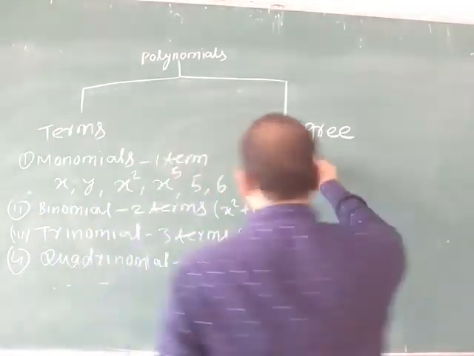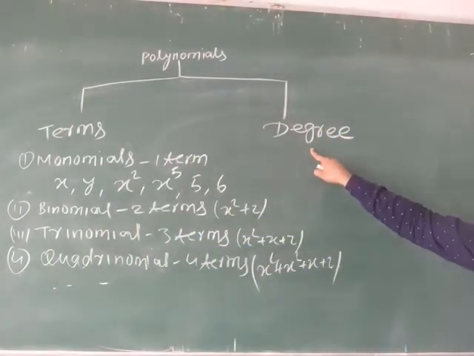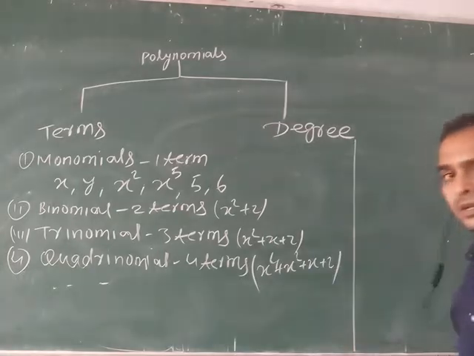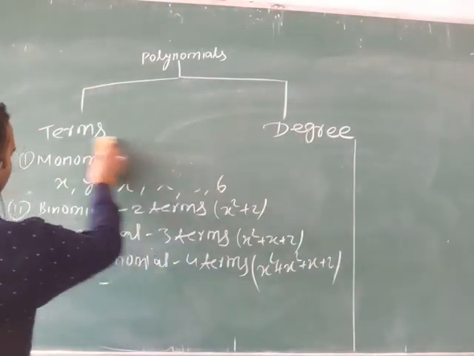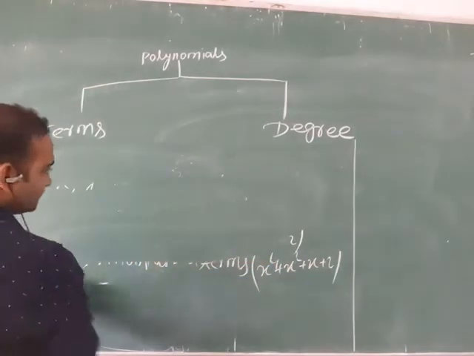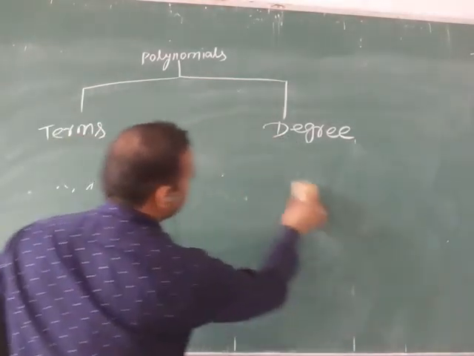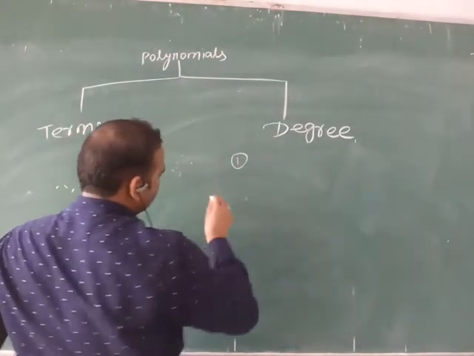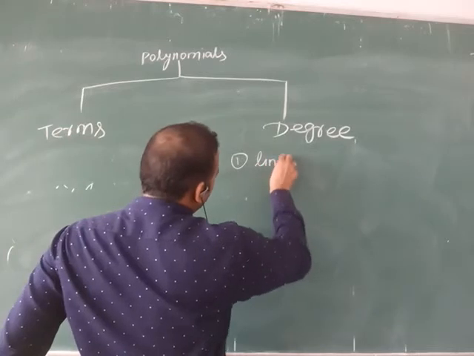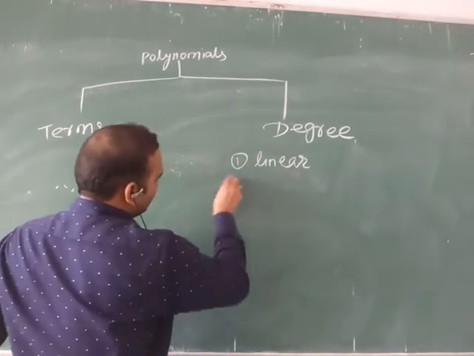Now, we will discuss on the basis of degree. On the basis of degree, the first one is linear polynomial. Linear.